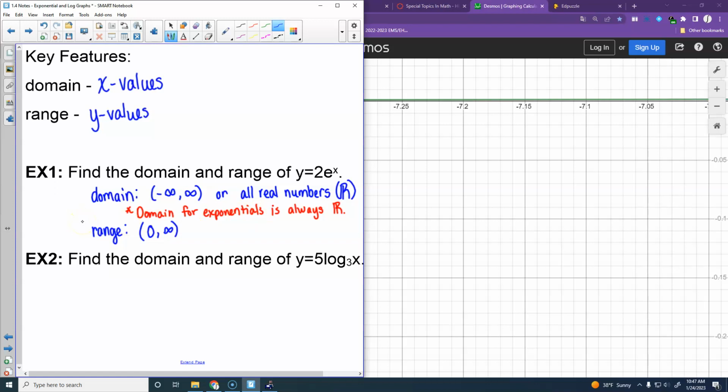Another nice thing to know, for domain and range here, you're going to have parentheses for both of these because you're going to have asymptotes. All right, so if I was going to use inequality notation, this is from 0 to infinity, so it's everything bigger than 0, right?